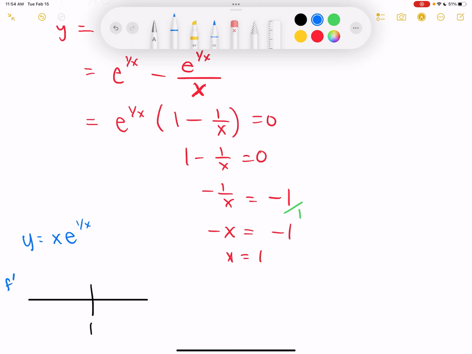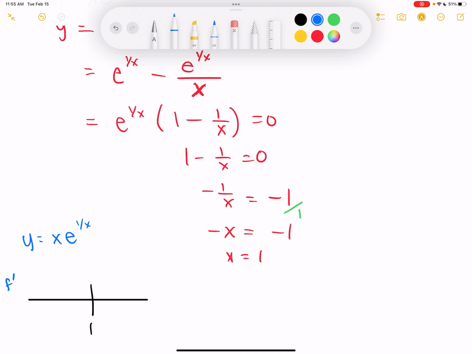I always like to write what I'm looking for because when we get to the concavity stuff, we're plugging it into the second derivative. So I always like to put what I'm plugging it into just so that I don't get confused, because speaking from experience, it happens a lot.